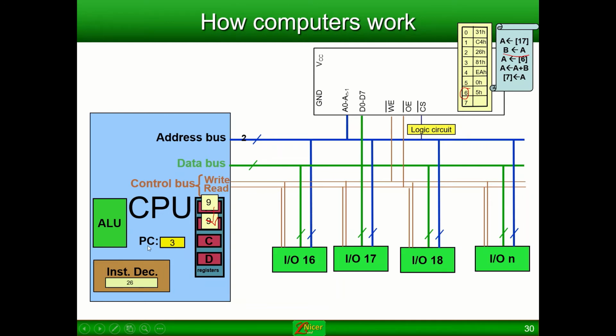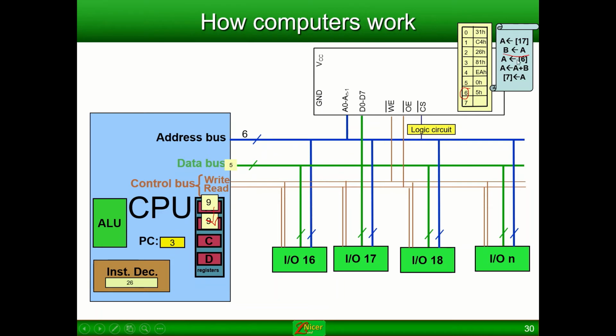Now 26H will be given to our instruction decoder, and our program counter will be updated to 3, as we have to next execute the instruction 81H. Now the instruction decoder will decode the 26H, and this means we have to load the data at location 6 into the register A. So the address bus is given address 6, and our control bus is in read mode as we have to read the data from location 6.